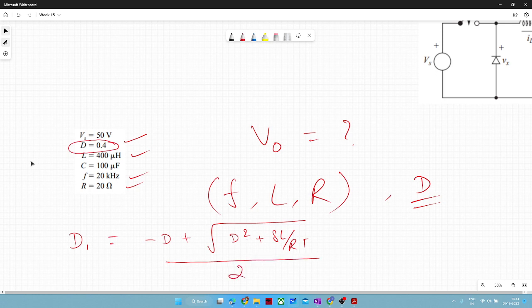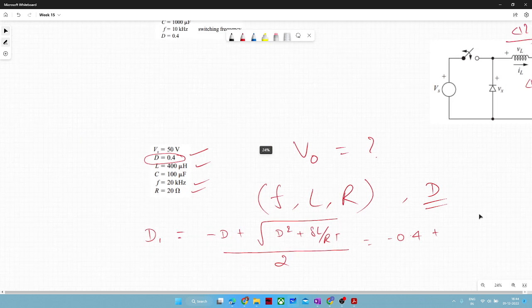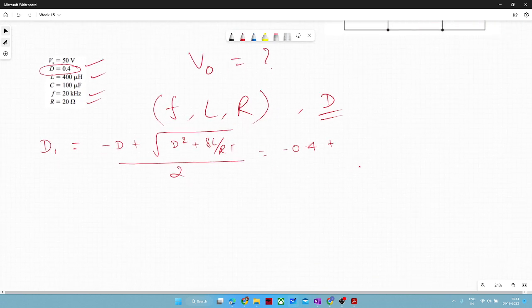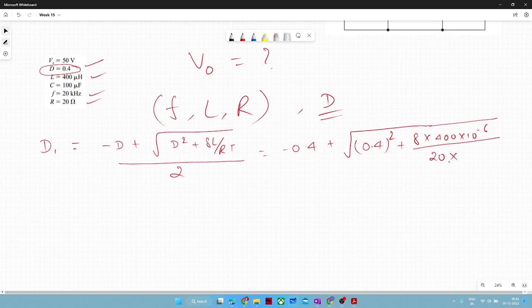If you put in the values, D is minus 0.4 plus square root of 0.4 square plus 8 into 400 into 10 to the power minus 6, divided by R, that is 20, into T, and T is nothing but 1 by f, and f is 20 into 10 raised to power 3, divided by 2.